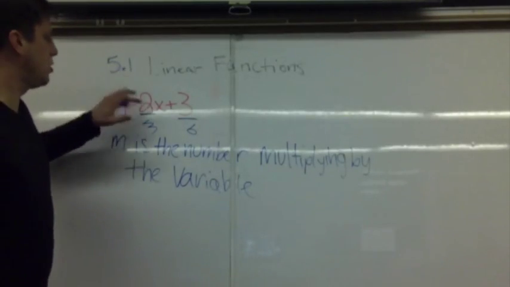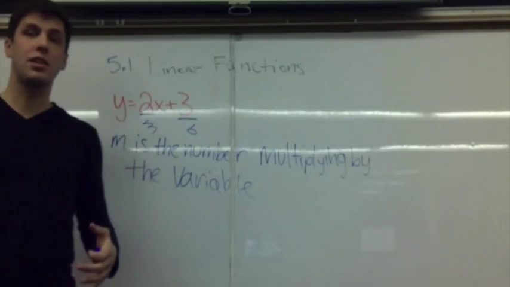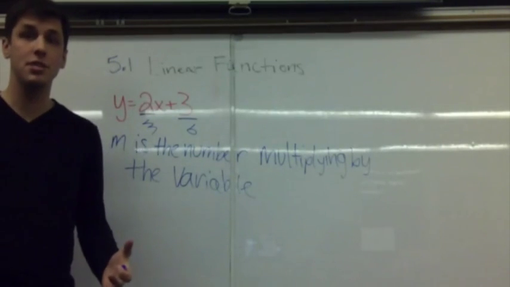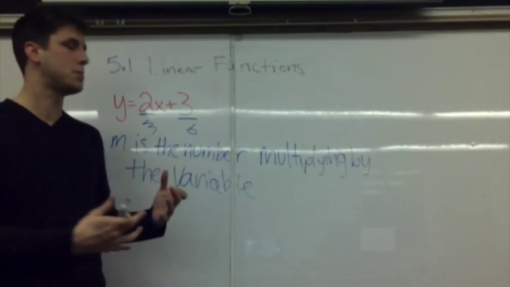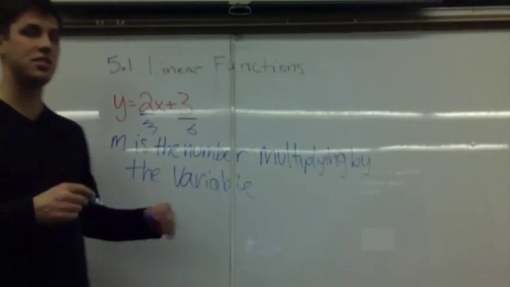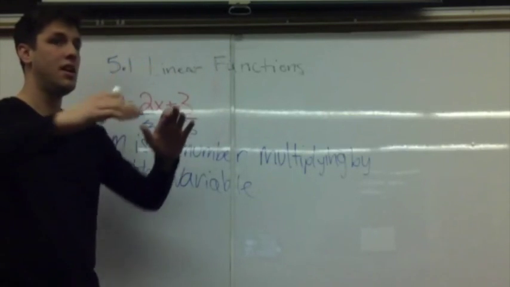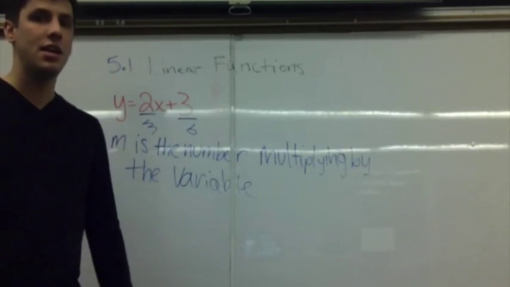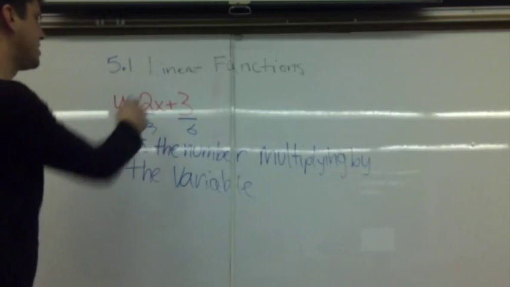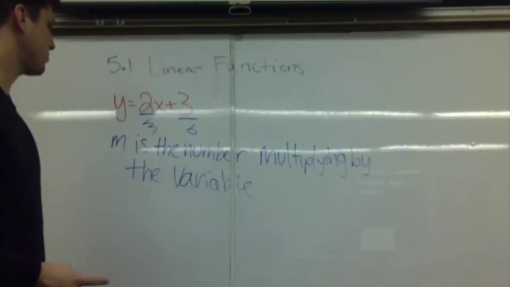So here we have 2 multiplying by x, but you could have a lot of different types of m's. M could even be a fraction multiplying by x. And so suppose in a situation we had something like 5/4 x. 5/4 would be the m value. In this situation, it's 2.